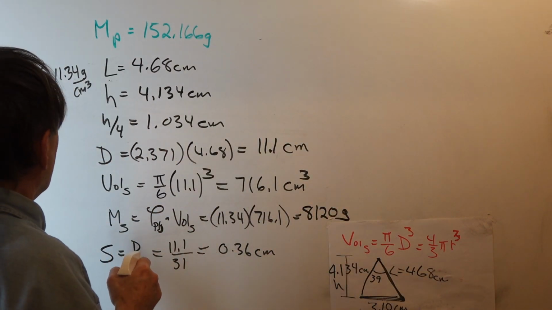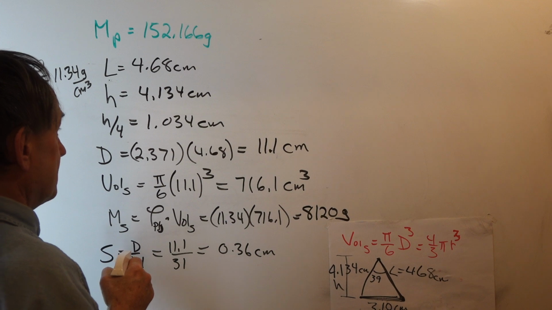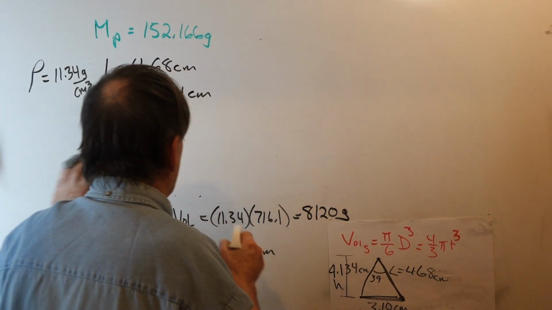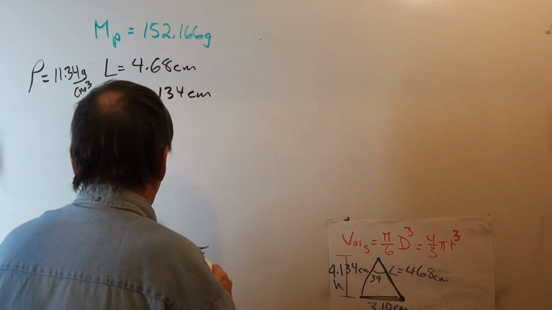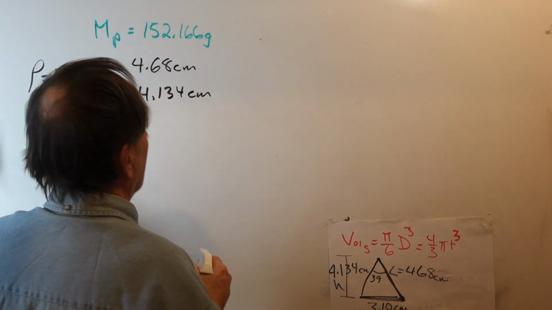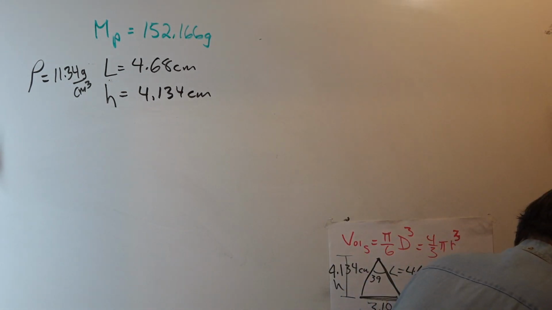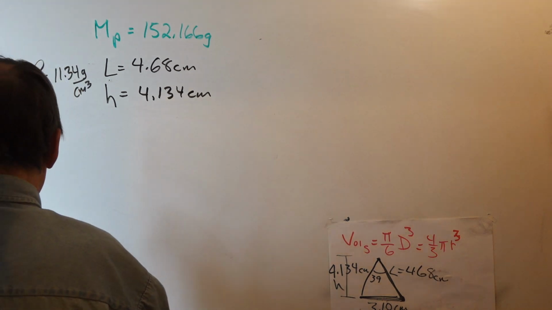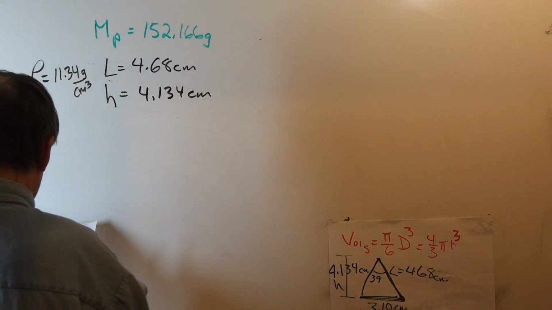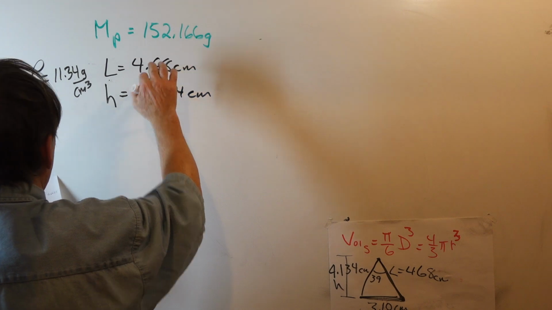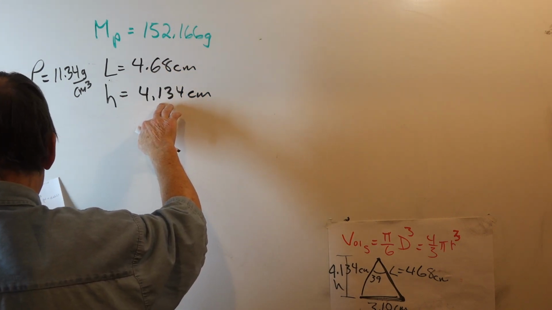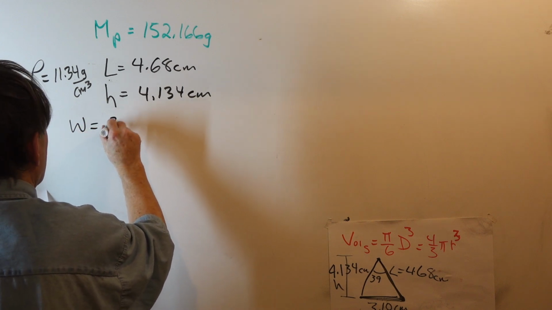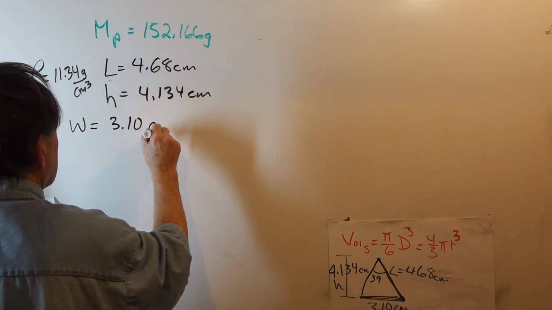And let's see, I'm going to move these to give me a little more working room. So I'll rewrite these numbers. So we have our L, we have our height, we've got our W, which was 3.10 centimeters.